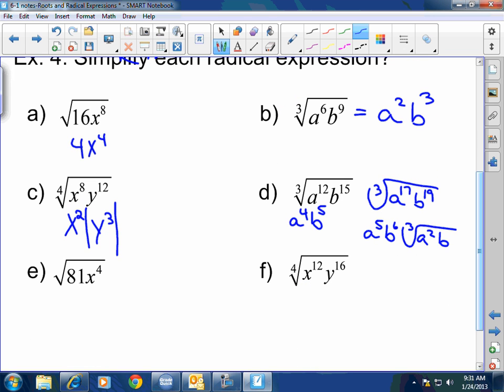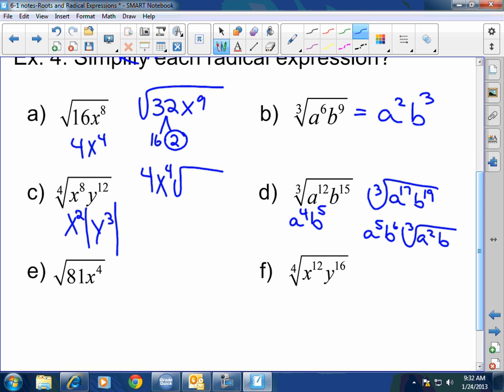If I have 32x to the 9th, and I have the square root of that, this is 16 times 2. So this is 4x to the 4th. And what do I have left over? 2 and 1x. Are you with me, sir?